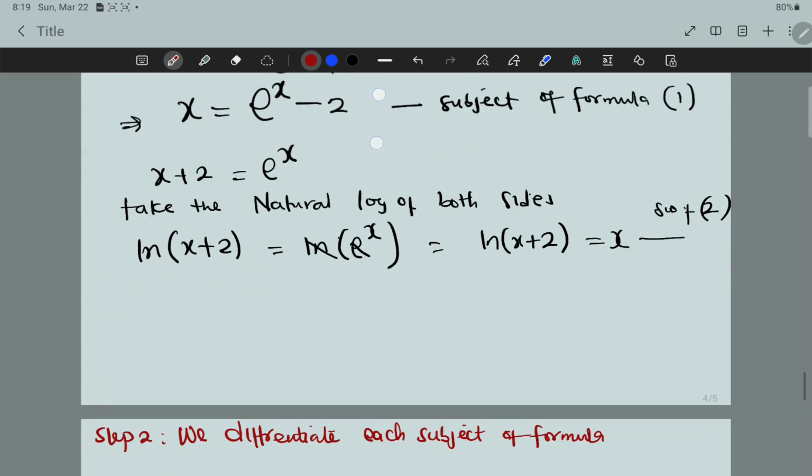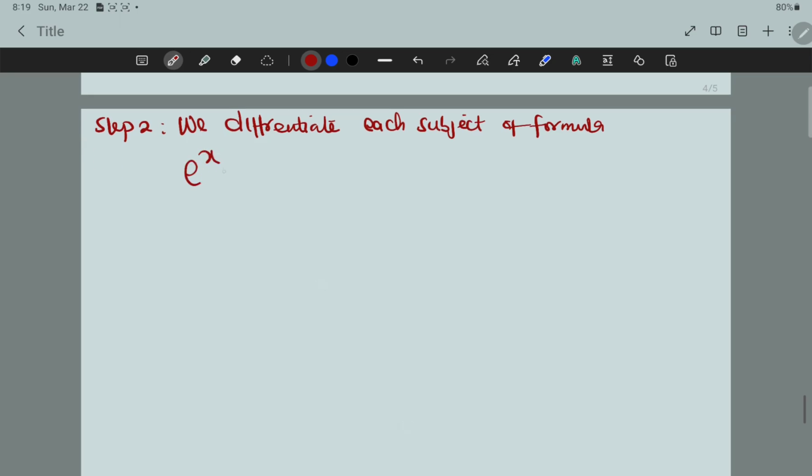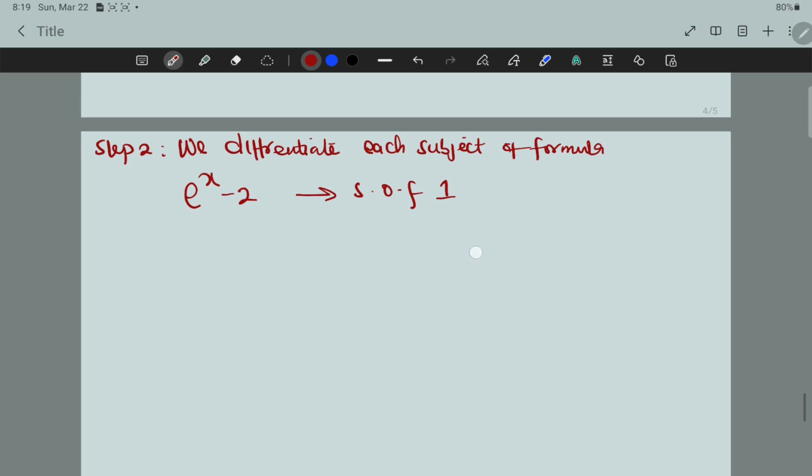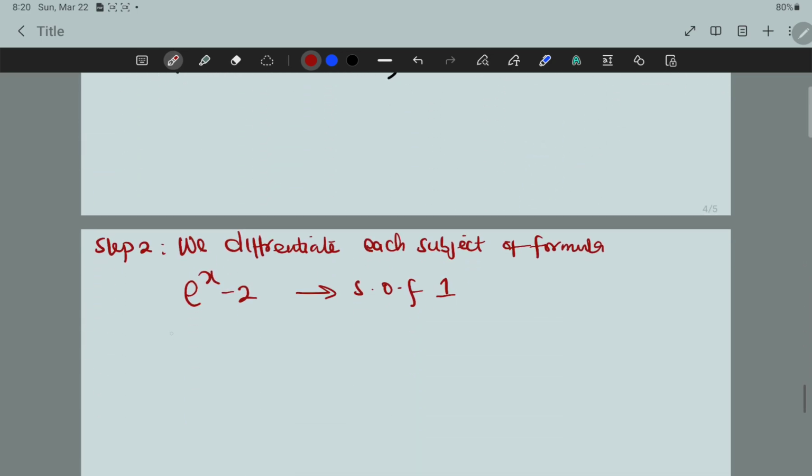What is the first subject of formula? We have e to the power of x minus 2. That's SOF1. Please, SOF means subject of formula. And SOF2 is ln of x plus 2. That's subject of formula 2.